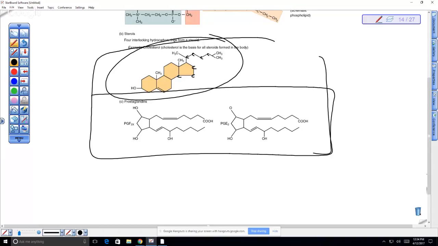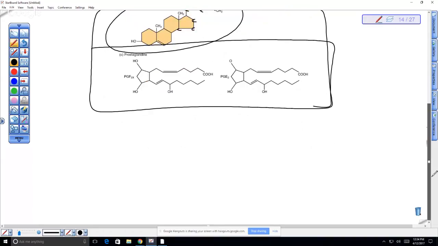Okay. So the next group of lipids are really important because they make up our cell membranes, and these are called phospholipids. Okay. So we have triglycerides, we have steroids, and then we have phospholipids.